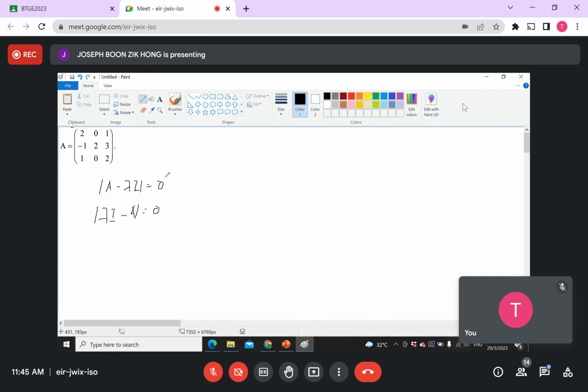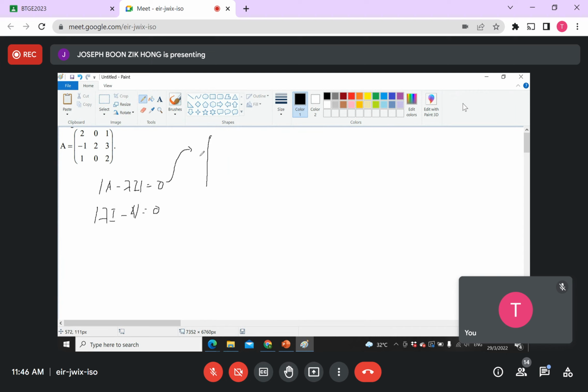But I prefer to use the first one because the first one has no need to change the sign. If you use the second one, every sign you have to change, so sometimes we easily make mistakes there. But if you are used to or familiar with the second one, then go ahead. Up to you. Here I will use the first one lah. Basically they are the same.